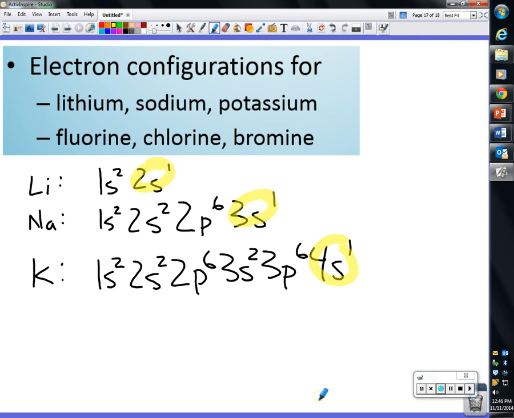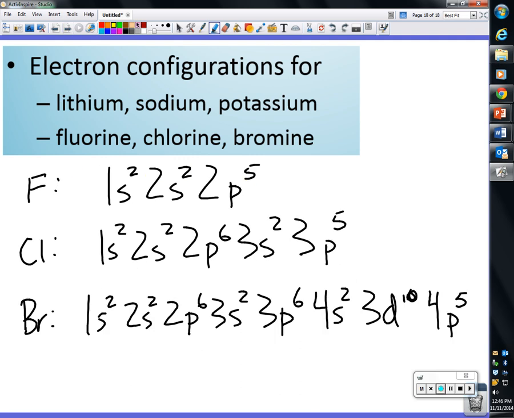The next 3 that I had you do, fluorine, chlorine, bromine. All right, so these 3 elements, again, same family, right?